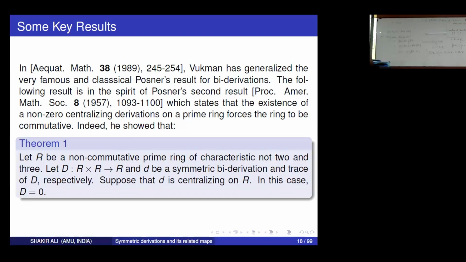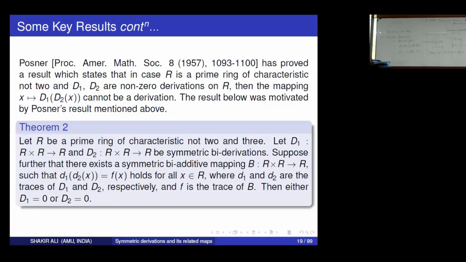This is parallel to the result just mentioned by Posner, that is, if d is a non-zero derivation which is commuting, and if R is prime, then R is commutative. Then we involve some more types of things.